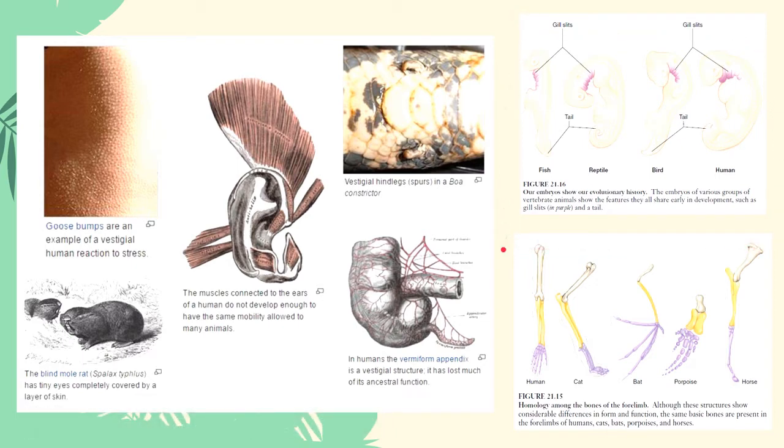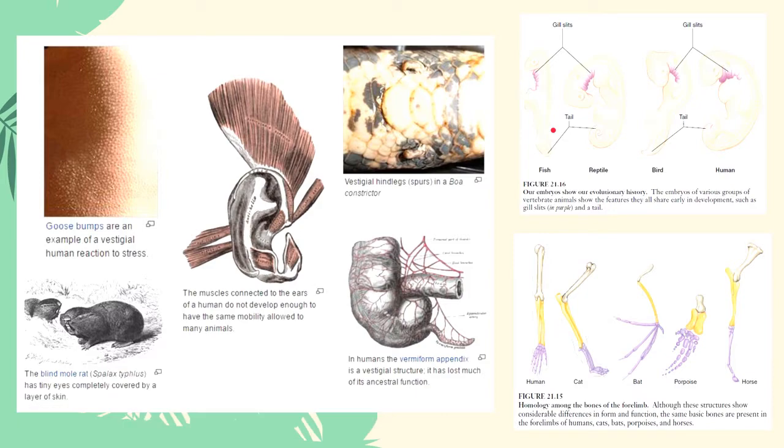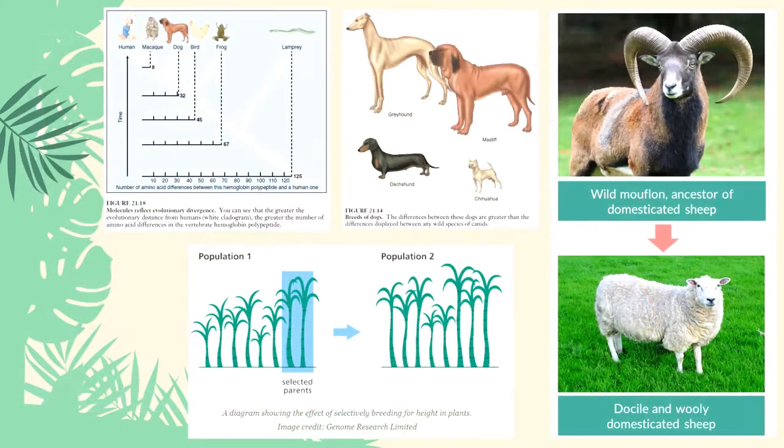And we've also seen homologous structures of body parts of organisms that share a common ancestor. So these are stronger support that we are actually related to one another and we are descendants of a common ancestor. We've also seen similarities in the DNA, amino acids, and proteins of organisms.